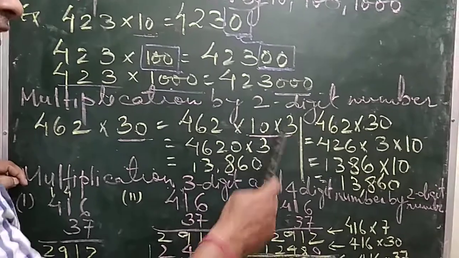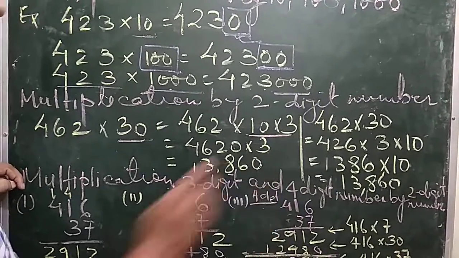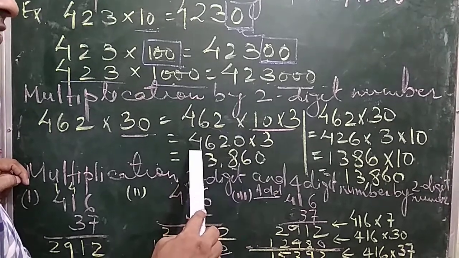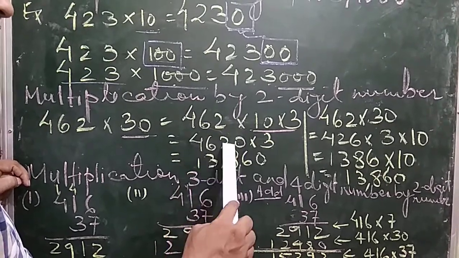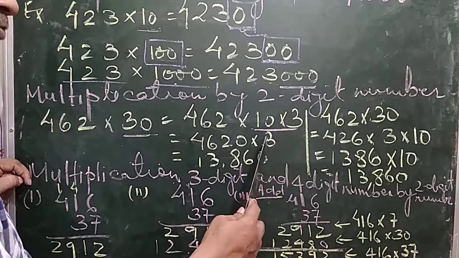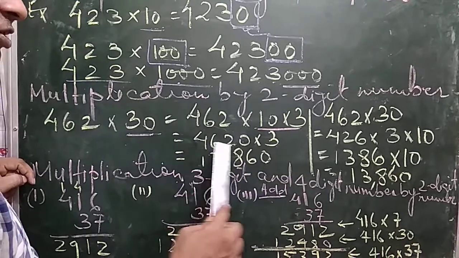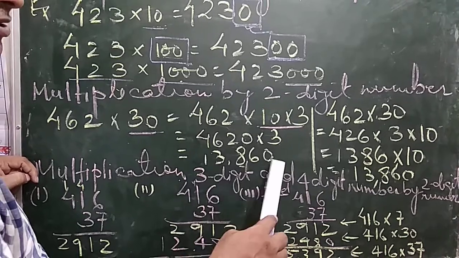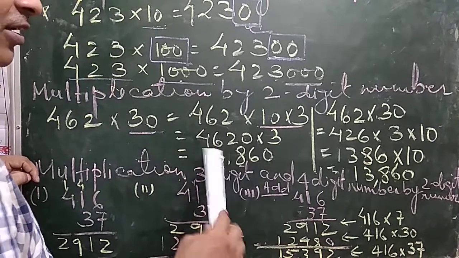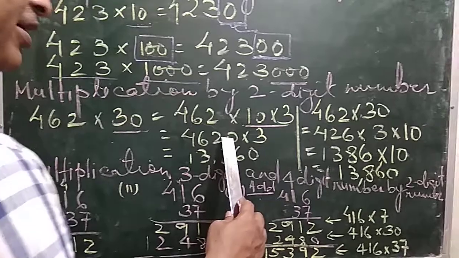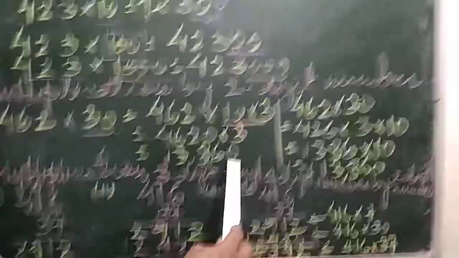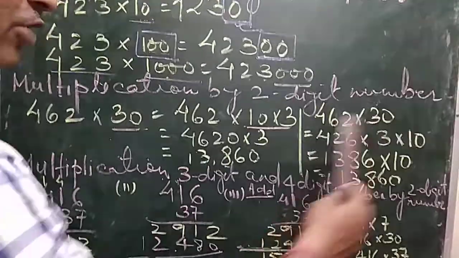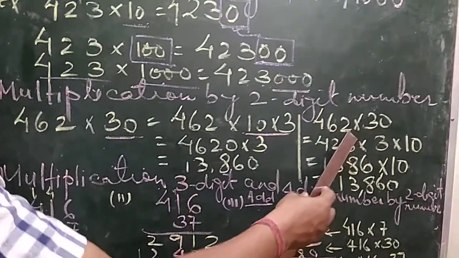We have split it here as 10 into 3. So 462 into 10 becomes 4620, and then this 3. When 4620 is multiplied by 3, the result is 13,860.